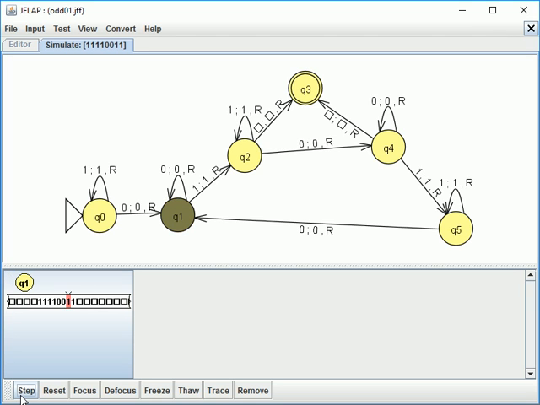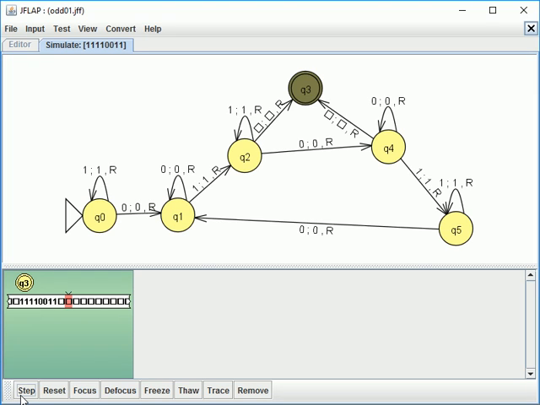A second 0 keeps us in Q1. When we see a 1, we move forward into Q2. Any additional ones leave us in Q2, and only when we come to the end of the input and see a blank do we move to the accepting state. So we've got a pattern so far of looking for one or more zeros followed by one or more ones.